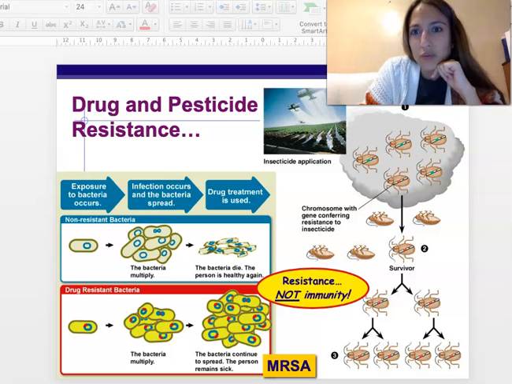Evolution can also be seen with pesticides and bacteria and things like that, bacteria with drugs and pesticides with parasites.